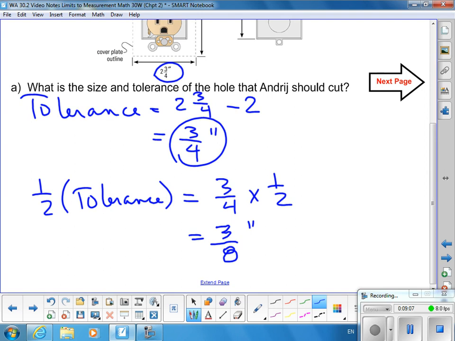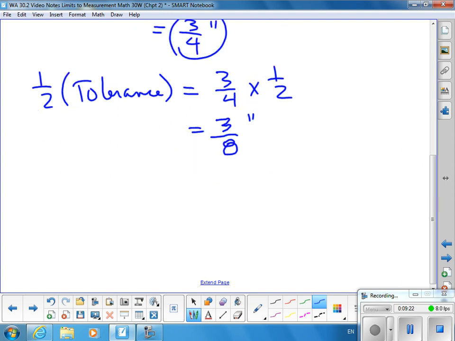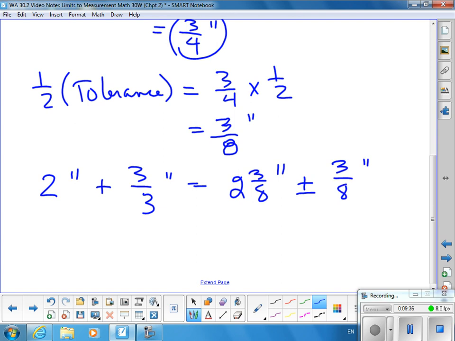So the nominal value is going to be the minimum value plus half the tolerance, which is how big the hole should be cut. Okay, so the minimum value is 2 inches plus the tolerance is the width of the hole. So the width of the hole is 2 3/8 of an inch, and you could be out plus or minus 3/8 of an inch.